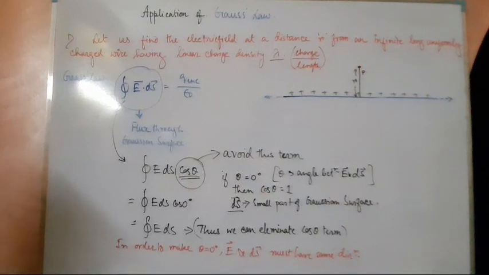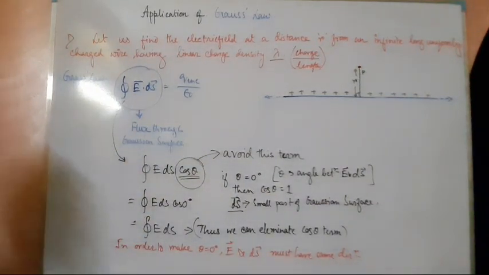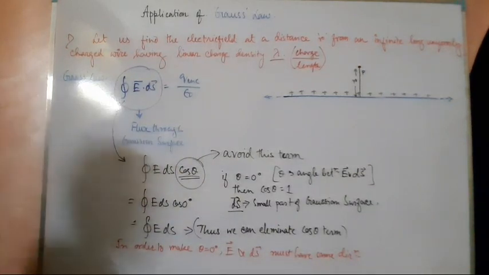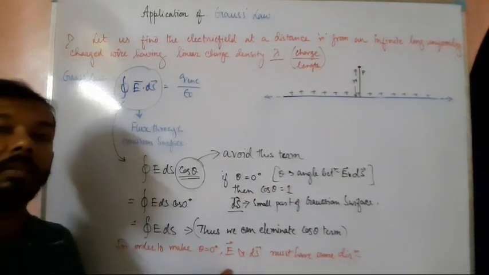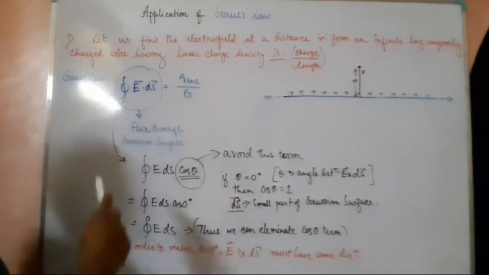Now whenever we have to look for that, we have to choose a Gaussian surface so that it becomes parallel to the electric field. First, what we have to look for? We have to look for the orientation of the electric field lines, the arrangement of the electric field lines.